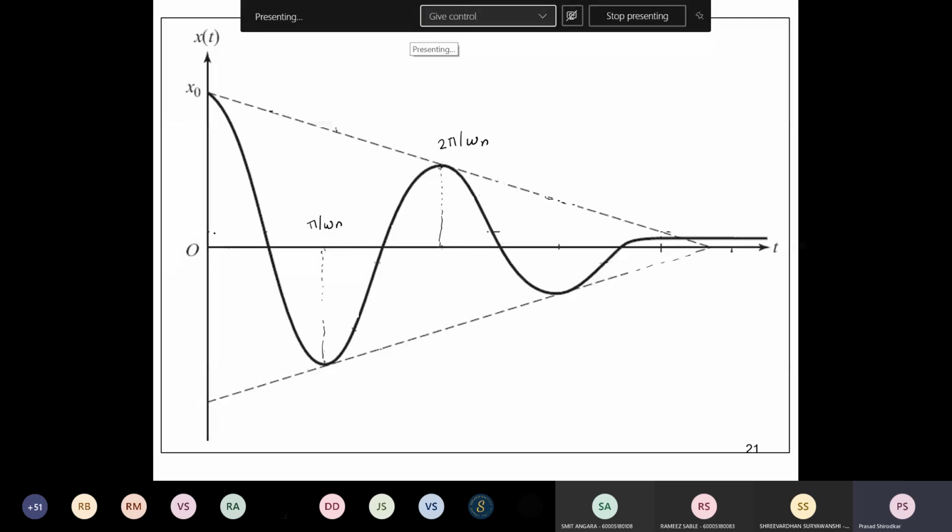For the first half, that is from 0 to π/ωn, the motion is about the axis.